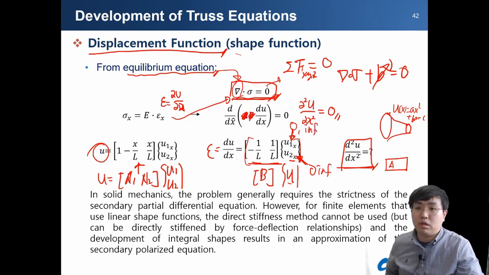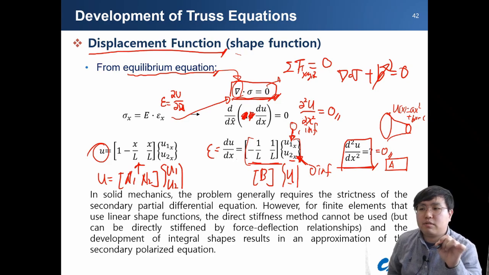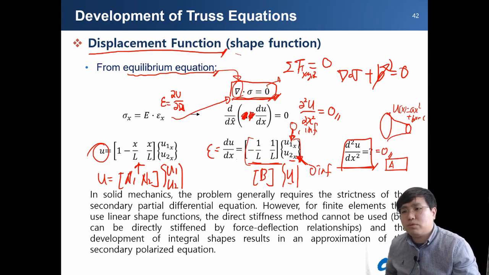Anyway, the second derivative is always equal to 0, so we cannot obtain the unique values in here. So we want to use a very simple displacement function to define our displacement values in the FEM simulation.